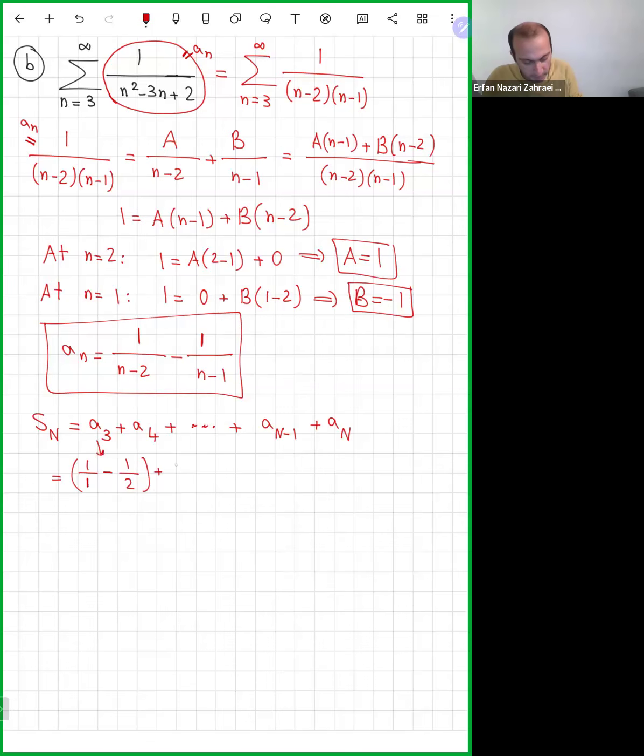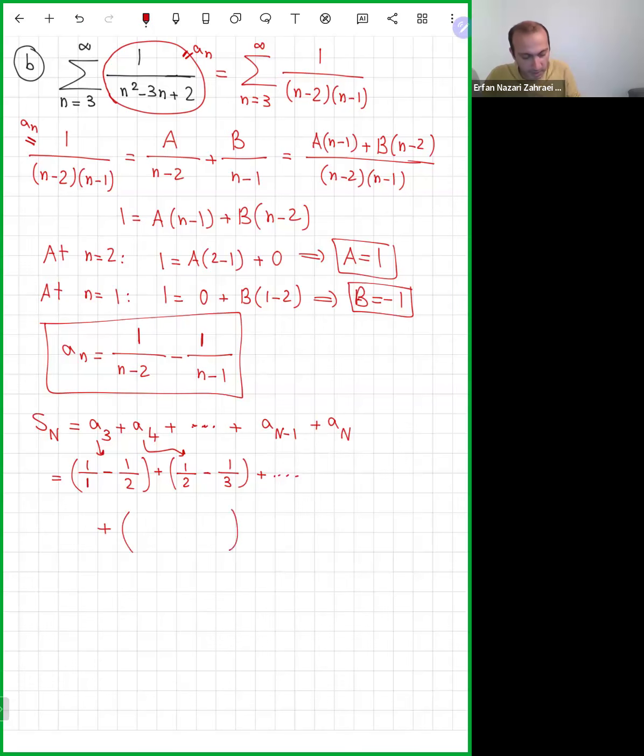This is a_3. Now a_4 is this for n equals 4. So it's 1 over (4 minus 2) minus 1 over (4 minus 1), plus dot dot dot.